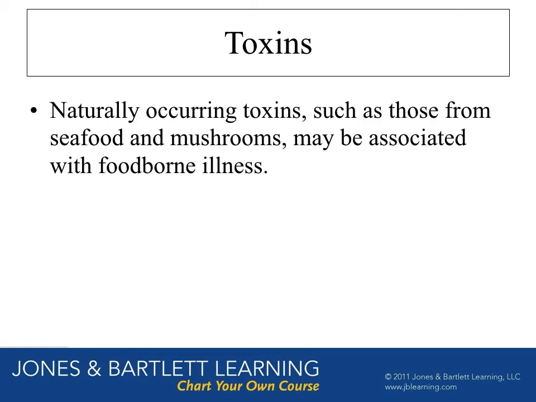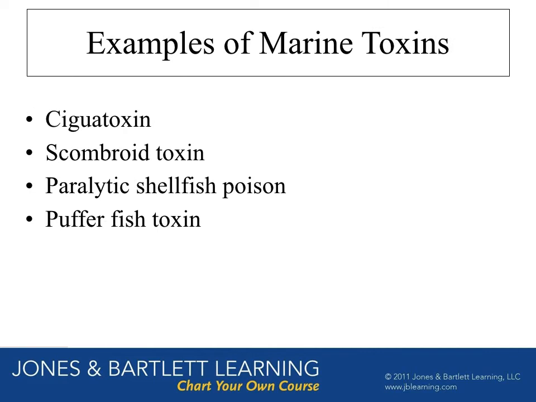So I apologize because I said chemical toxins, and I have a thing about that. A toxin is a naturally occurring, toxic substance, such as those from seafood and certain kinds of mushrooms. Toxins are not related to chemicals. It's just a distinction.